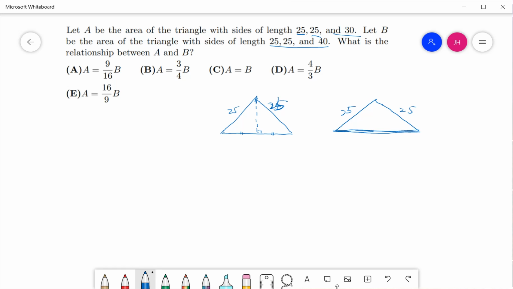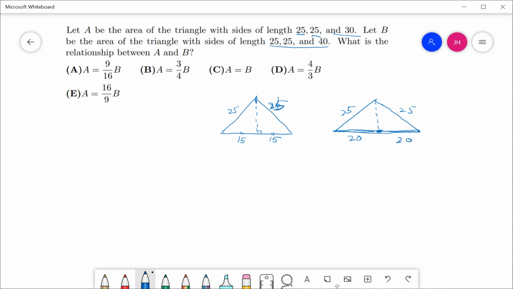Since the whole length is 30, half of that will be 15 and 15. Similarly, for the second triangle, let's draw the height. It also bisects this side, so that will be 20 for half of it and 20 for the other half.